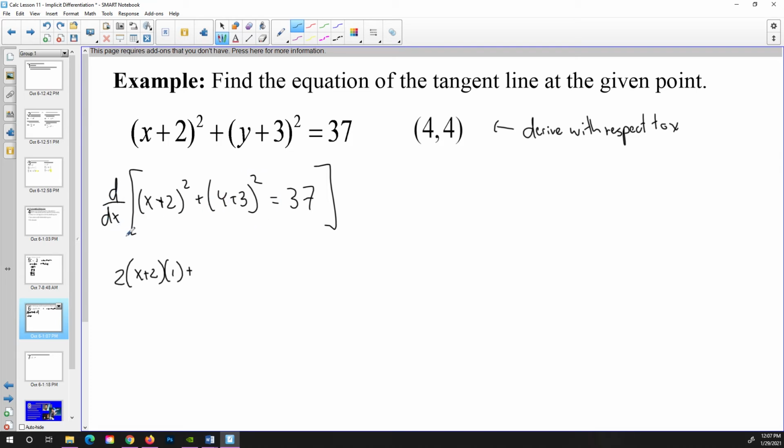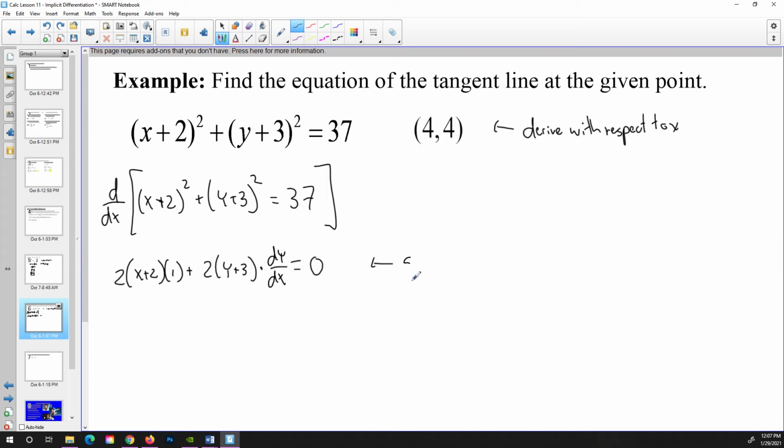And since those variables don't match up, I have an implicit differentiation. So I bring that 2 down like I did. I leave what's inside alone. I reduce it by 1, leave that alone. But now I have to derive y with respect to x. I'm deriving the inner function. So I have dy over dx. And that's going to equal, the derivative of a constant is still always going to be 0.